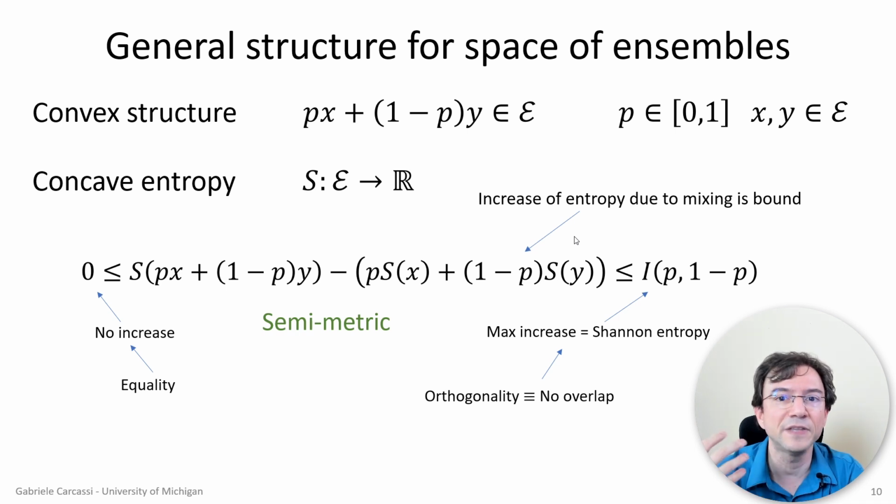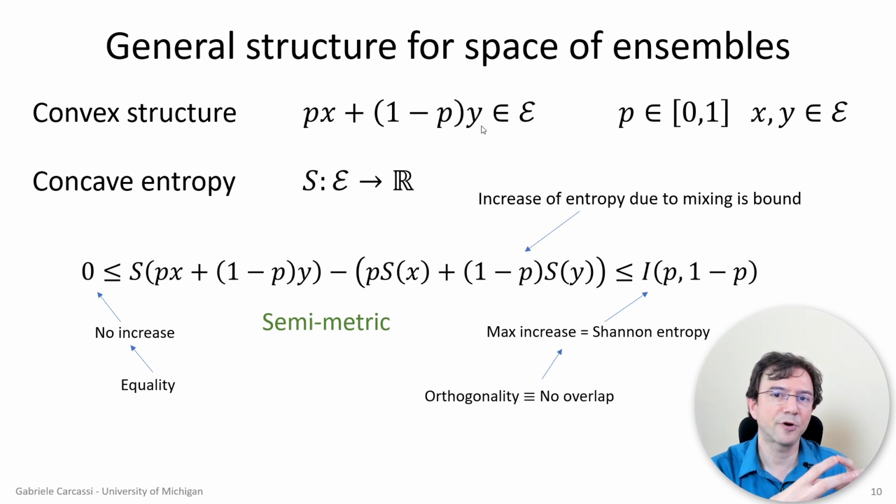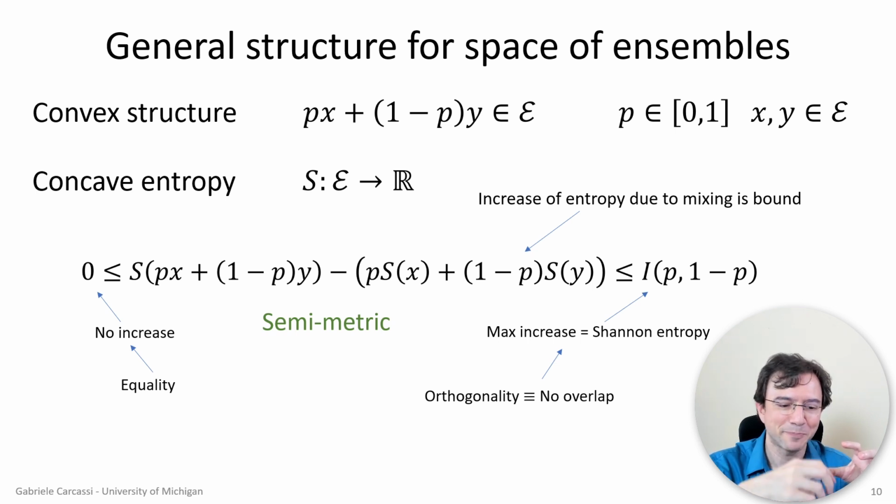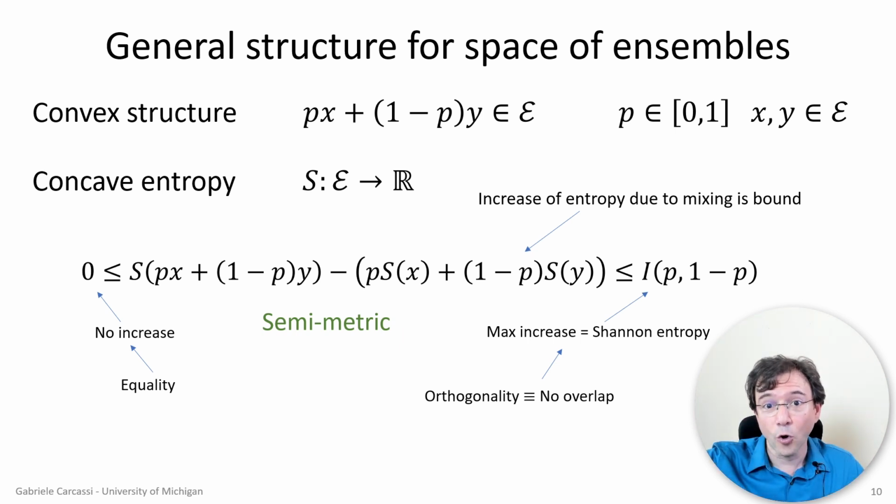And ensembles have these two things that we always need to be able to do with ensembles. One is we need to be able to mix them, because you can imagine the preparation procedure as spitting out different instances of preparation, and the ensemble being the collection of all the preparations that you can ever do with the preparation procedure. And then you have another preparation procedure. You can always make a third preparation procedure by selecting one of the two with a given probability.